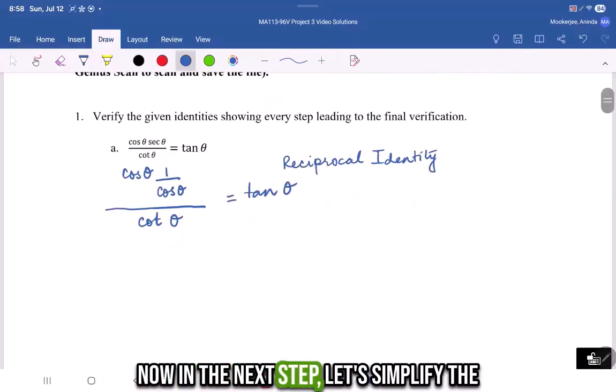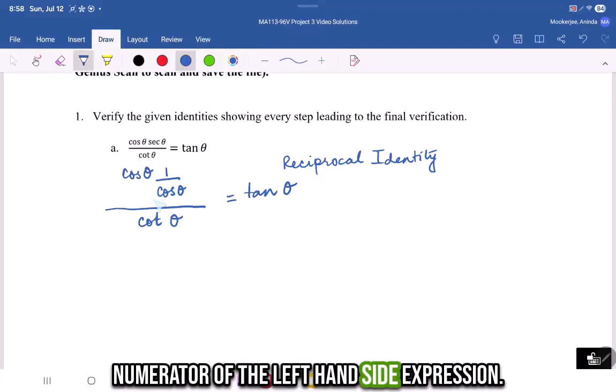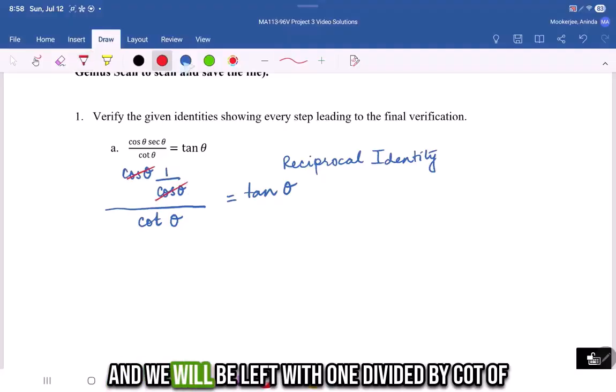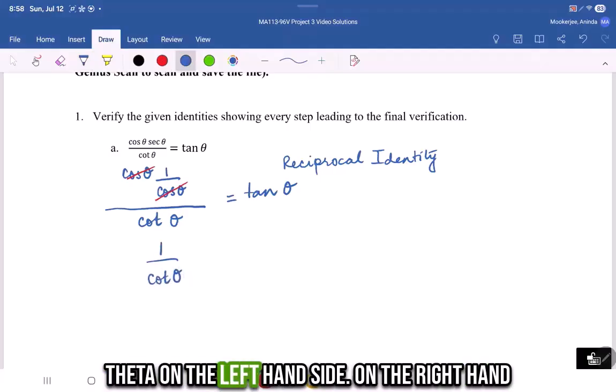Now in the next step, let's simplify the numerator of the left-hand side expression. Cos of theta and cos of theta will divide, and we will be left with 1 divided by cot of theta on the left-hand side.